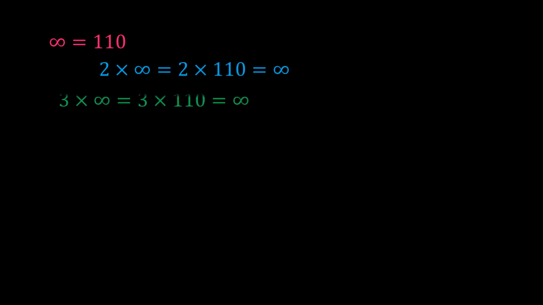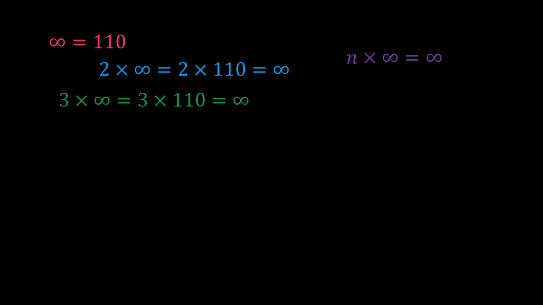From our previous example, infinity was any number bigger than 109, such as 110. 2 times 110, 3 times 110, and so on, will all give numbers greater than 110, which is infinity. So this means any number times infinity is infinity.